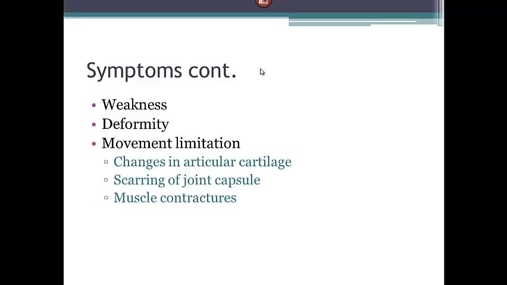Let's talk about other symptoms, manifestations. Weakness. Weakness is basically a very common symptom associated with the musculoskeletal system, but also associated with neurological manifestations. Remember, if you have nerve conduction being compressed due to a herniated disc, it could also produce weakness.